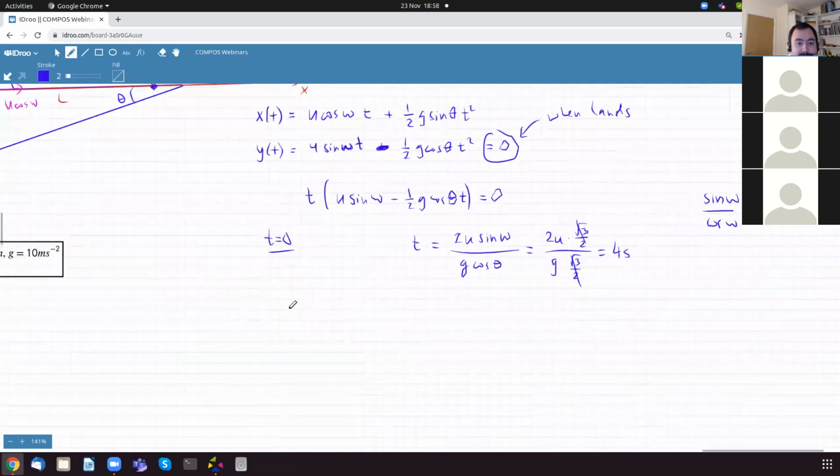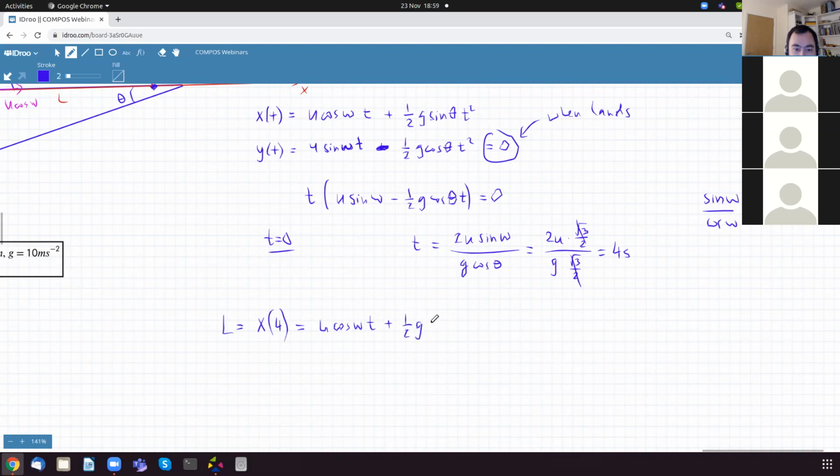And from here, we can find x. So the range is x of 4. So it's the horizontal displacement after 4 seconds, which is u cos omega t plus 1/2 g sine theta t squared.